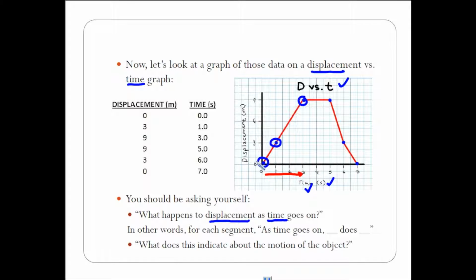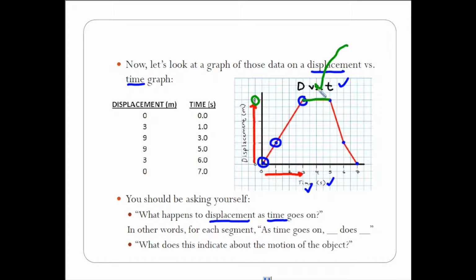Well, in the first 3 seconds, it appears as though I'm getting further and further away in a linear fashion. So there appears to be a direct and linear relationship between displacement and time for the first 3 seconds. But in the next 2 seconds, you can see that my displacement does not change at all. I'm still at 9.